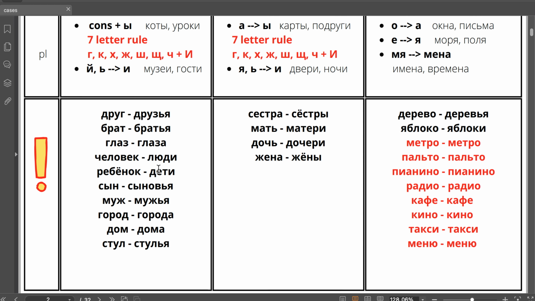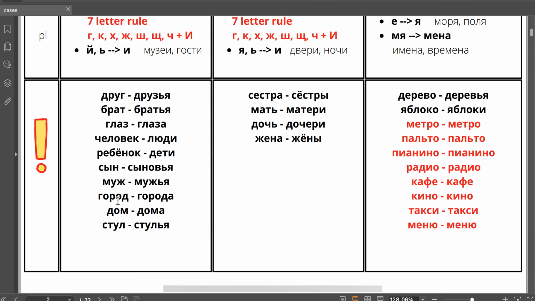Next is child and children. Ребенок, дети. Son and sons. Сын, сыновья. Next is husband and husbands. Муж, мужья.